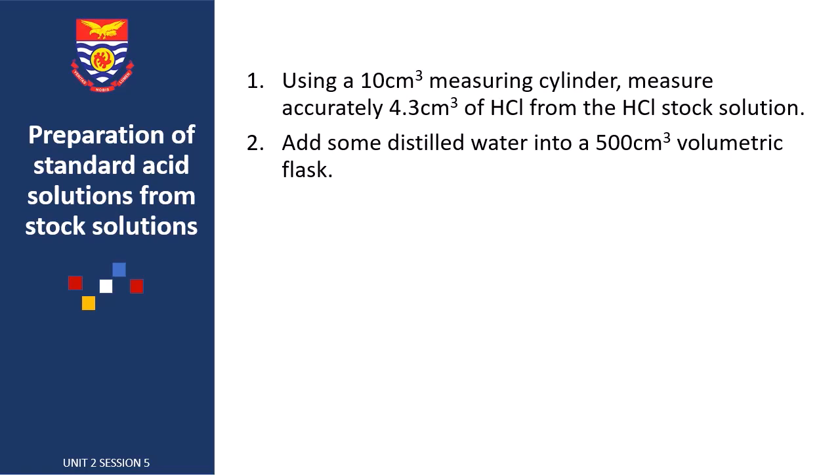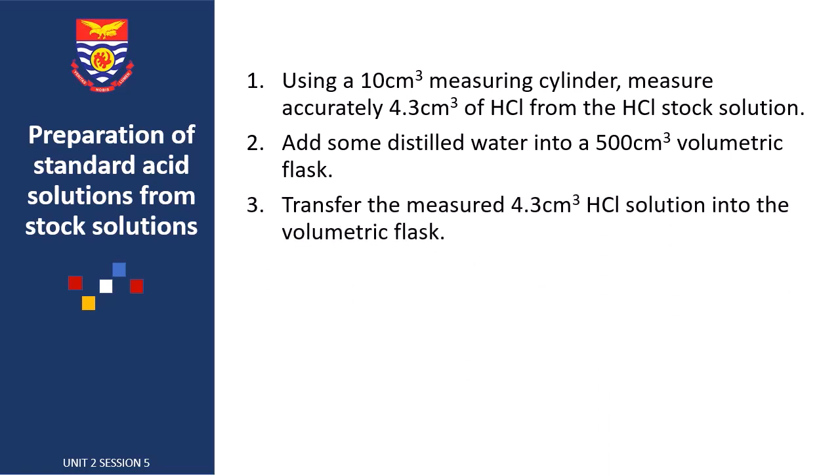Such reactions are exothermic, and in some cases they might cause explosion. So you do that, and now that you have a small volume of water in the volumetric flask, you transfer the volume that you have measured, the volume of the hydrochloric acid, into the volumetric flask.